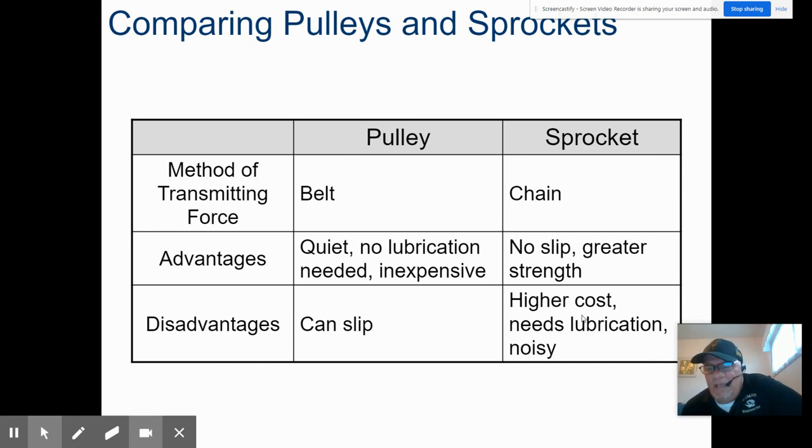Those of you that have bikes, and I'm sure y'all do, know that chains do come off sprockets sometimes too, and they're a pain in the neck to get back on. But for the most part, they are stronger and they don't slip where pulleys can slip.